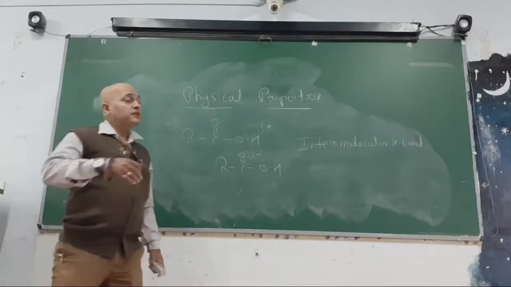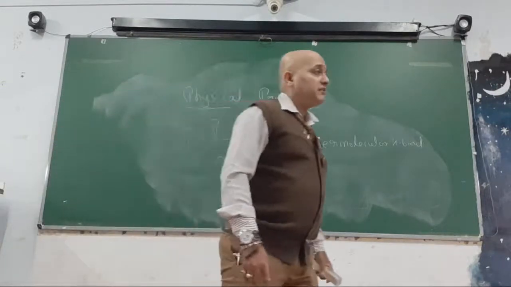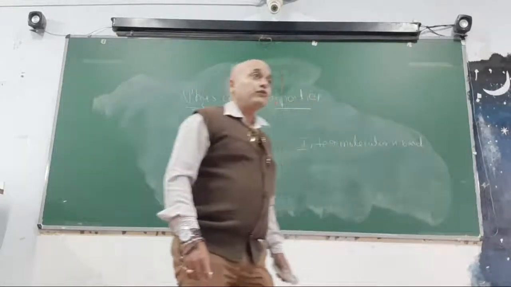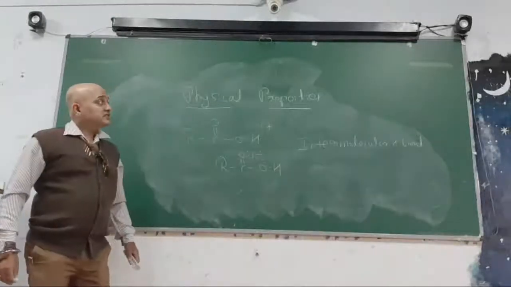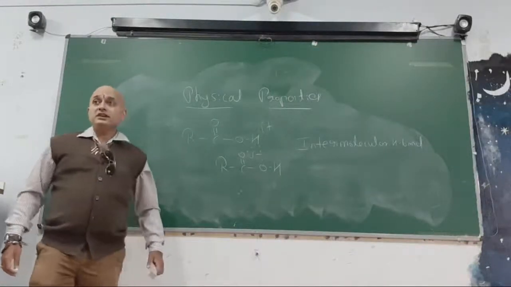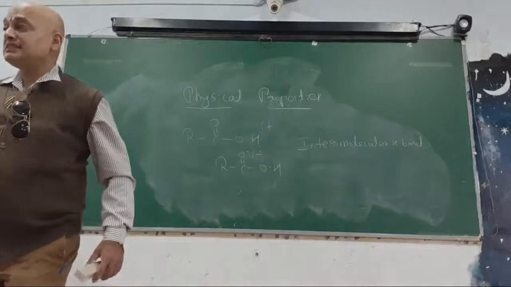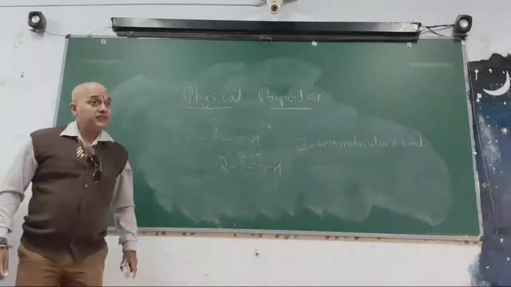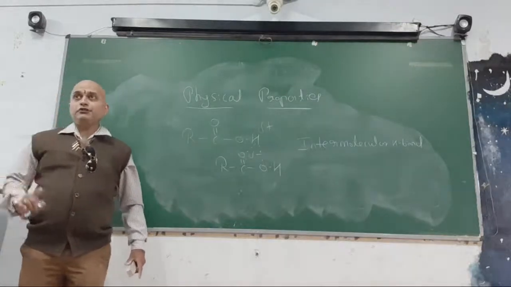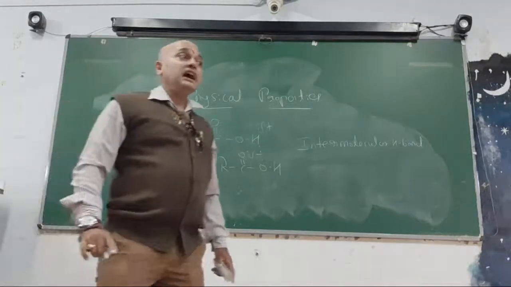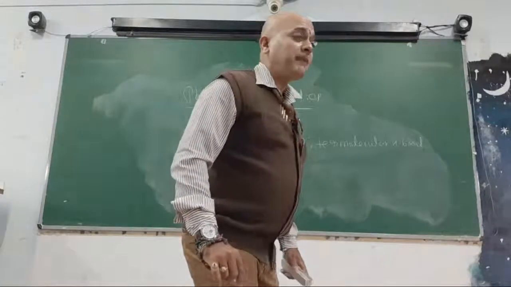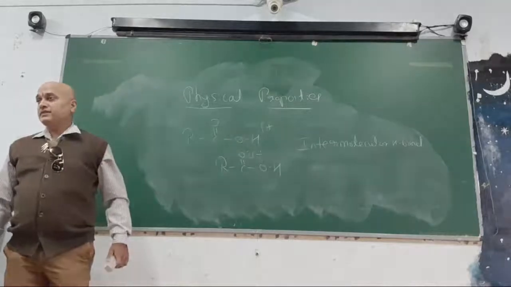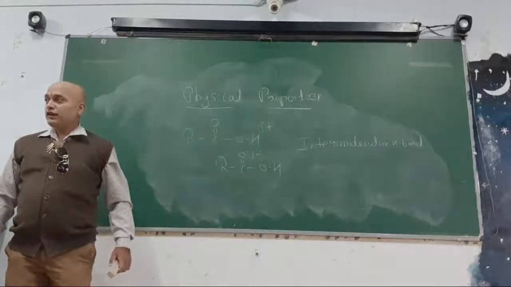So a hydrocarbon with another hydrocarbon will have hydrophobic interactions. So when I am talking about physical properties of the carboxylic acid, their property will be majorly affected by the intermolecular hydrogen bond, and to some extent by the hydrophobic interactions. Fine? All of you got my point?